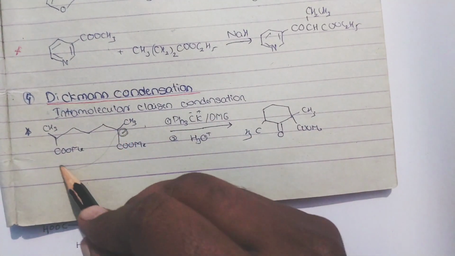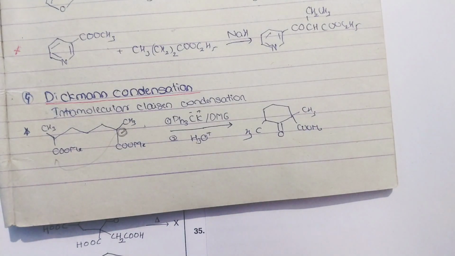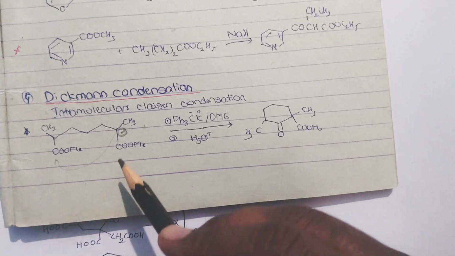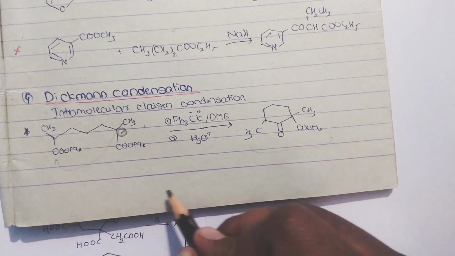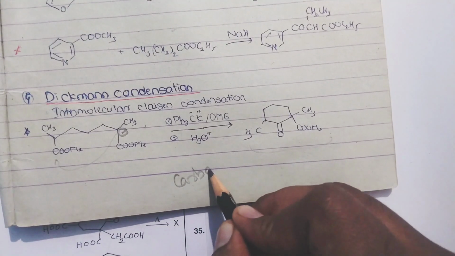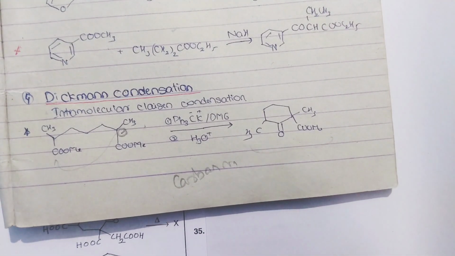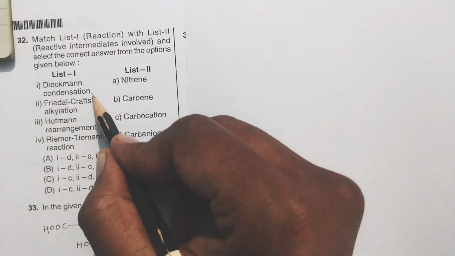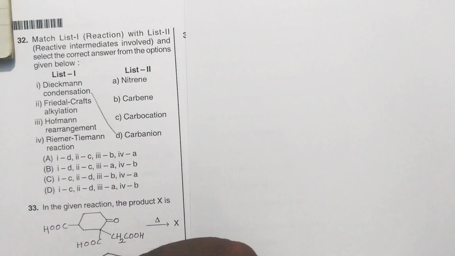That carbanion will attack the carbon of another ester, so that you are going to get this type of product. Hence here also the carbanion formation takes place. Hence the Dieckmann condensation involves the formation of a carbanion intermediate.